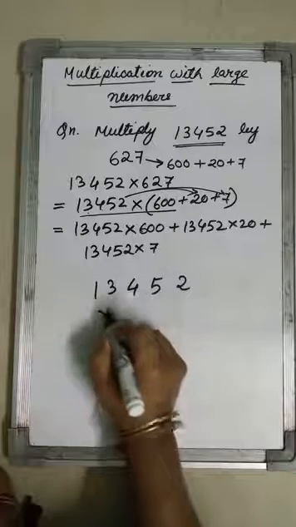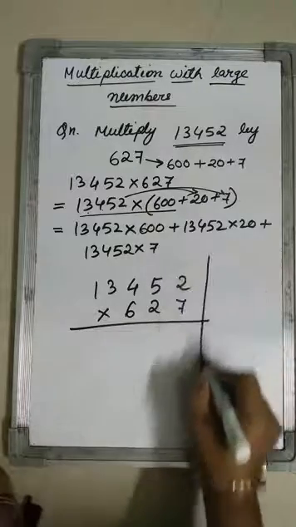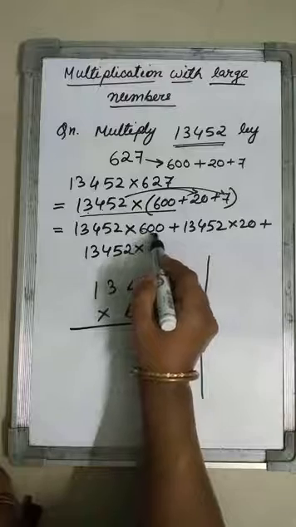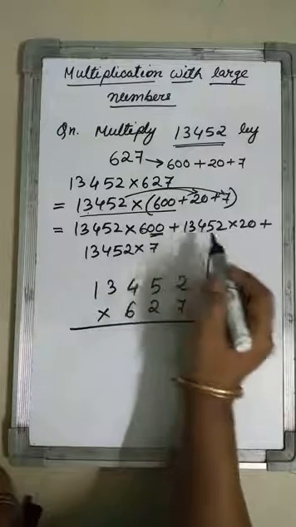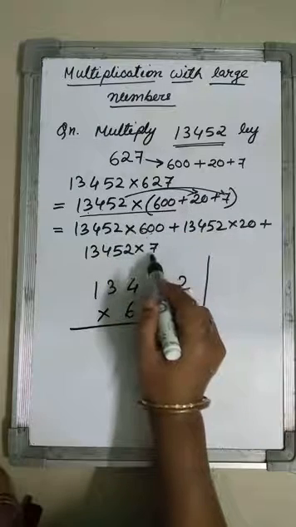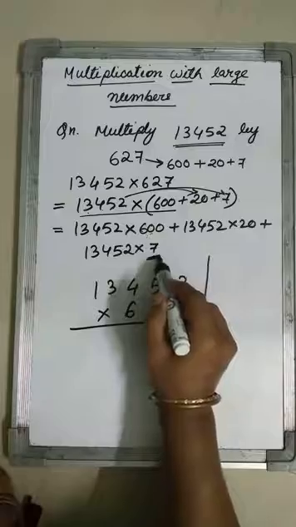So 13452 into 627. Sorry, I am starting with the ones number, multiplication with the ones number. Ones number is 7.